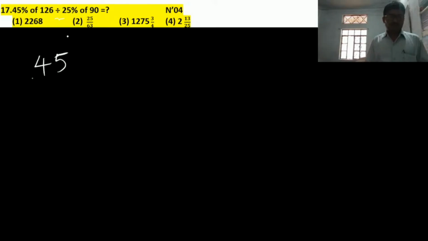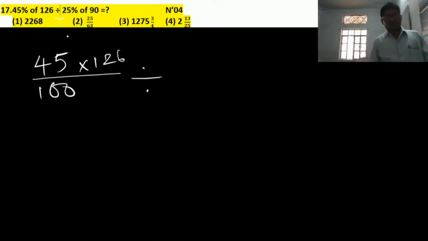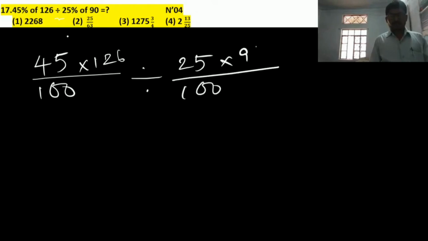So 45 by 100 into 126, divided by 25% of 90. We know, to divide a fraction by another fraction, we have to multiply by the reciprocal of the second fraction.